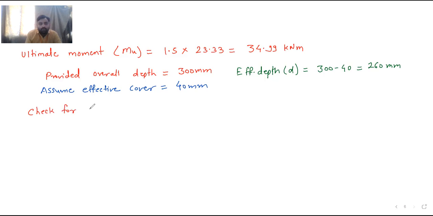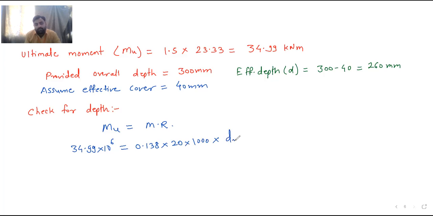So now we will equate our maximum bending moment Mu to Mr. So our value of Mu is 34.99 into 10 to the power 6, which is equal to Mr, 0.138 fck b d required square, required depth. So if you solve this, you will get the value of d required. Let me know the answer. What is the depth?